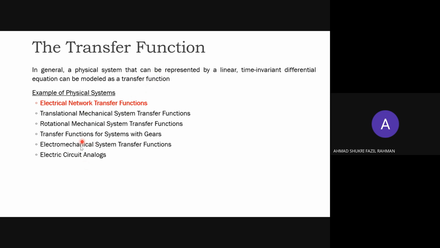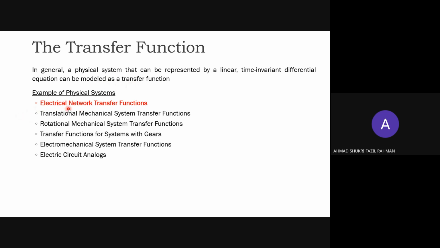These are some examples that we can obtain. Basically, a transfer function we can obtain coming from a physical system. The physical system can be represented by a linear time invariant differential equation, so from this we model it in the form of a transfer function.